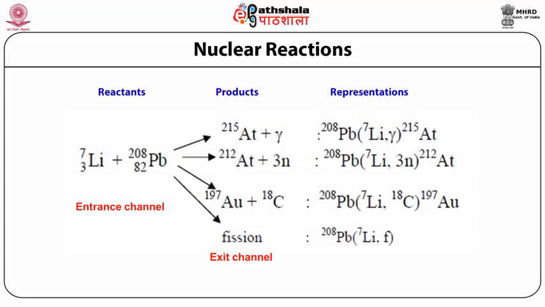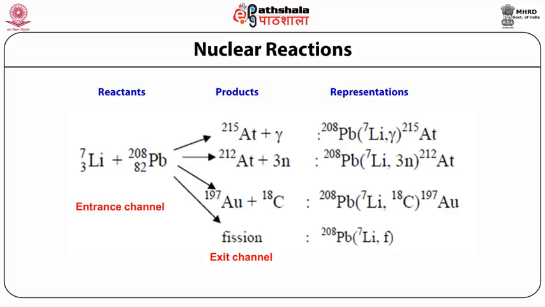Nuclear reaction. Now we have understood what nuclear reactions are and what conditions are required to have them. But in this slide, we are going to study how a nuclear reaction is produced. Every nuclear reaction can be divided into three subcomponents.